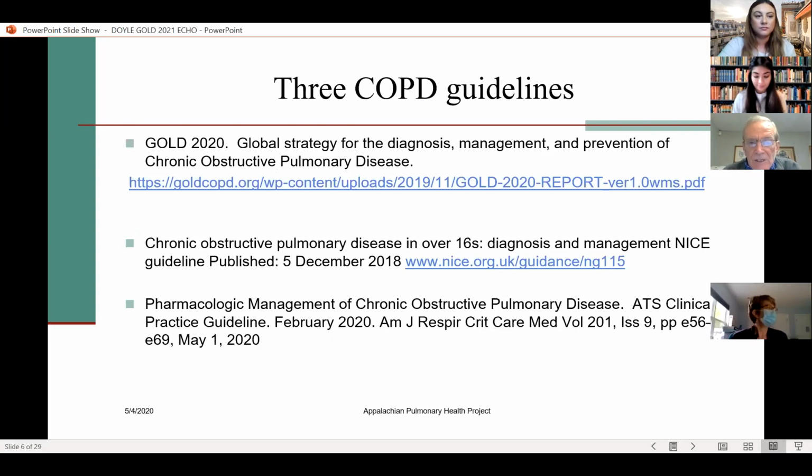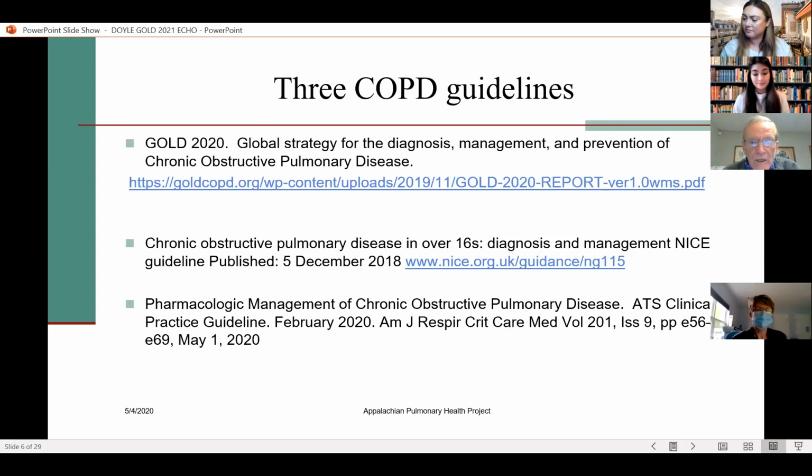There are the NICE guidelines, which the National Institutes for Clinical Excellence, which is kind of the NIH of the National Health Service of the United Kingdom, Great Britain, Scotland, Ireland. And it's really important to keep an eye on those. And Dr. Alison Sela has been once a year doing a report about NICE, like I'm doing right now about Gold 2021.